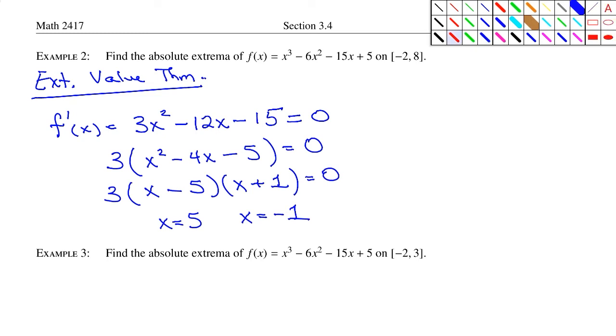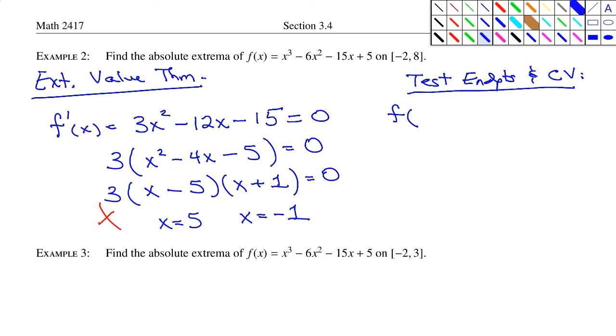No solution from the 3 over here. And now to determine which is the absolute maximum and the absolute minimum, we test the endpoints and the critical values in the original function. So we're just looking for whichever one is the biggest and whichever one is the smallest.